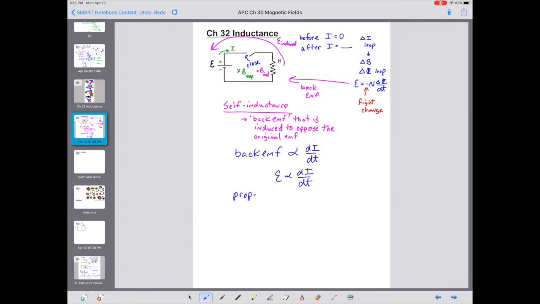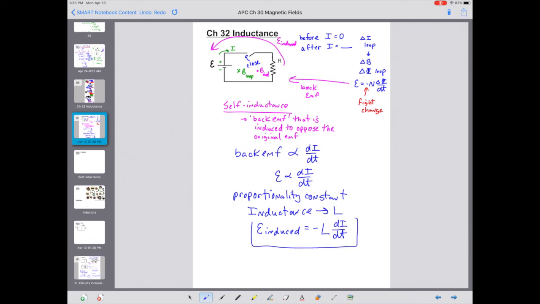So let's define our proportionality constant. Inductance, symbol L. And so then we can set up the equation that induced back EMF. It's opposing, so negative, Lenz's law is still there, negative L di dt.